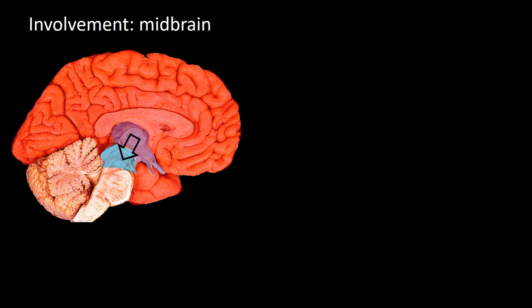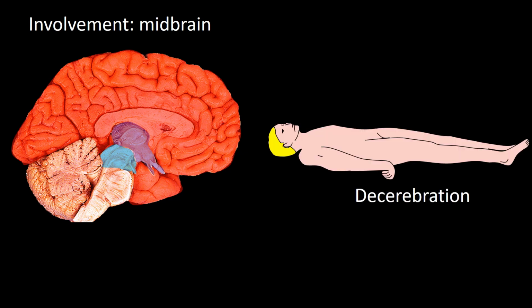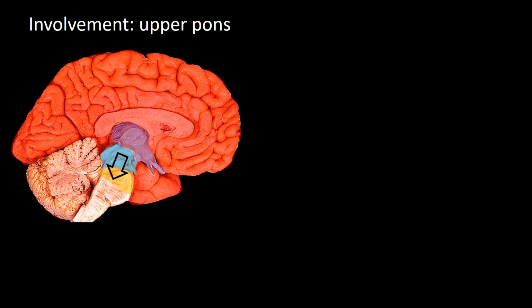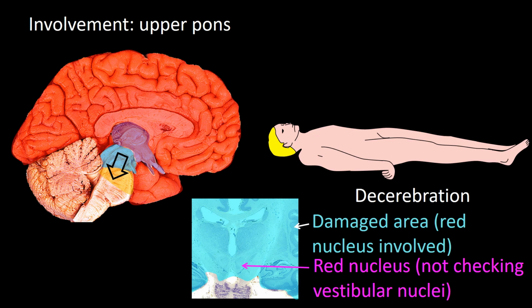With midbrain involvement, the red nucleus flexion facilitatory influence disappears, and the vestibular nucleus extensor influence prevails, producing decerebration characterized by upper extremity extension and leg extension. I have included a specimen depicting involvement of the red nucleus in this frame. With upper pons damage, the decerebrate posture still prevails.